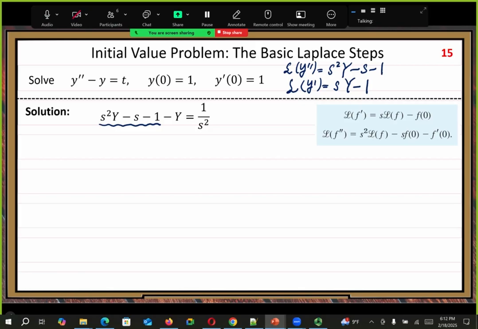Right? Then this looks not quite right. Oh, that's why. It should be minus S Y minus 1. All right, so then cancellation, right?